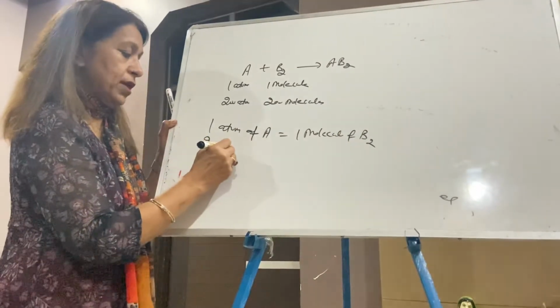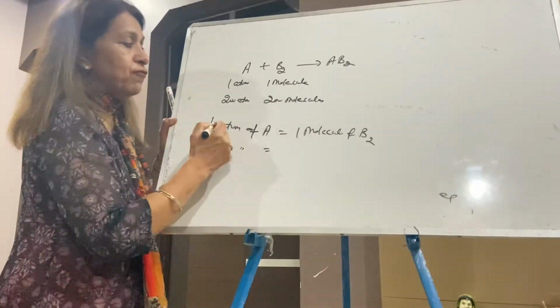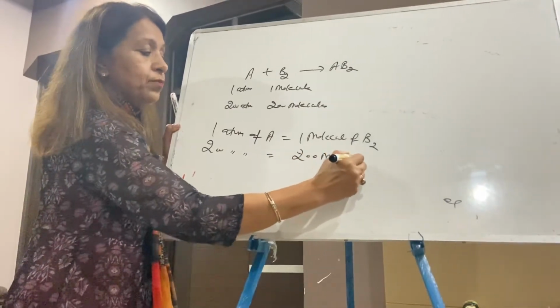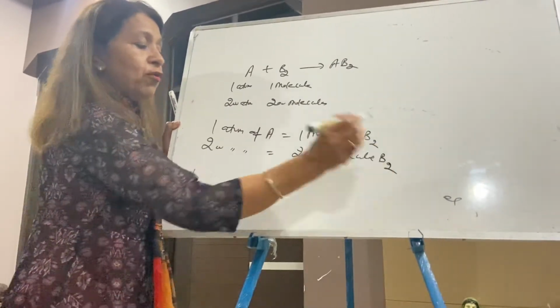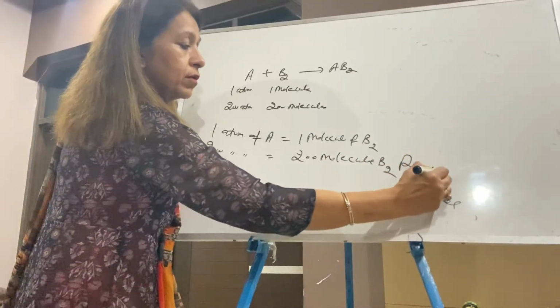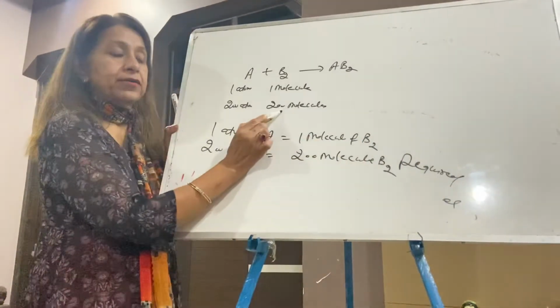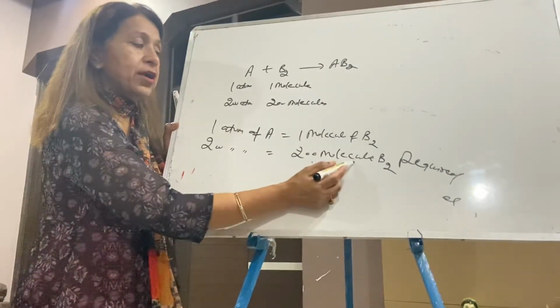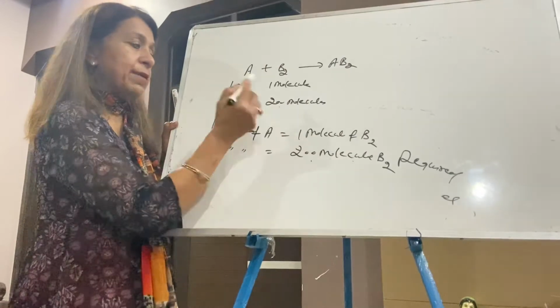So 200 atoms of A will need 200 molecules of B2. 200 molecules of B2 are required, and the given is also 200. This means it is not the limiting reactant. You require 200 and the given is 200. Same thing.